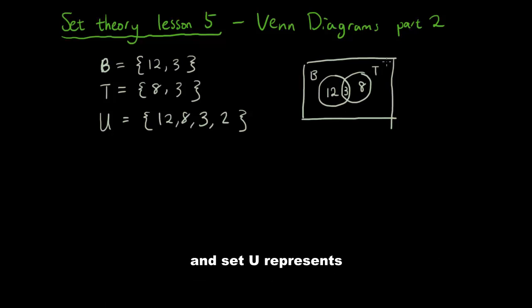And set U represents the box, so we have 12, 8, 3, and 2 on the outside of the two circles. So that's the Venn diagram, and these are the sets inside the Venn diagram.